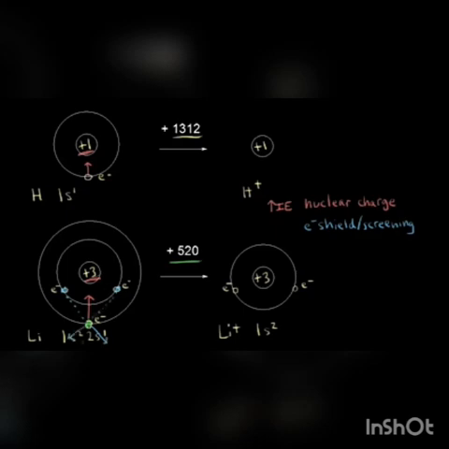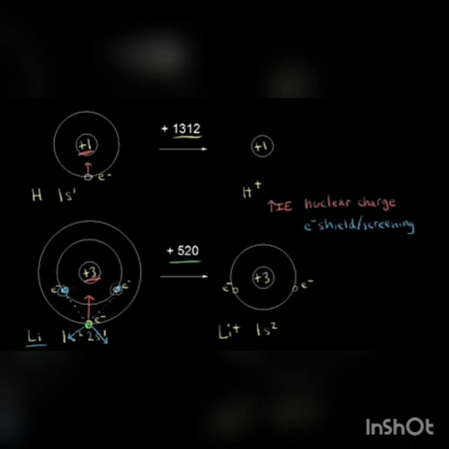And so they're going to shield that outer electron in green from that +3 charge, because electrons repel other electrons, like charges repel other like charges. That's the idea of electron shielding, or electron screening. Thinking about just this factor for lithium, these two inner shell electrons are going to shield that outer shell electron.